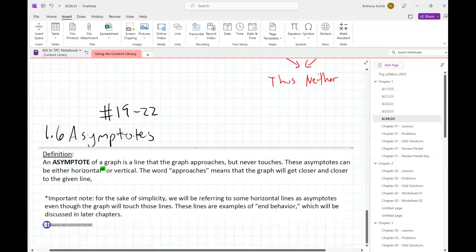For the sake of simplicity, we're going to refer to some horizontal lines as asymptotes, even though the graph might touch them, provided that at the ends of that horizontal line, the graph is approaching but not touching. But it might cross in the middle. Everybody's okay with that idea?